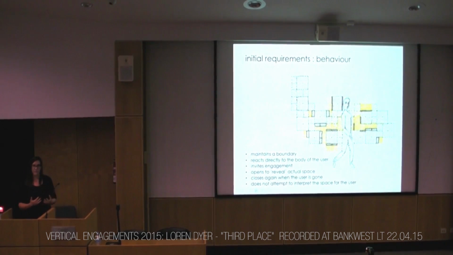It had to sort of be dramaturgical in the way that it addressed the space behind it. And the space behind it had to kind of disappear when the occupant wasn't there, so that meant it had to open and close, essentially. Importantly, it had to not try to interpret the space for the user itself. The user had to be able to create their own relationship.